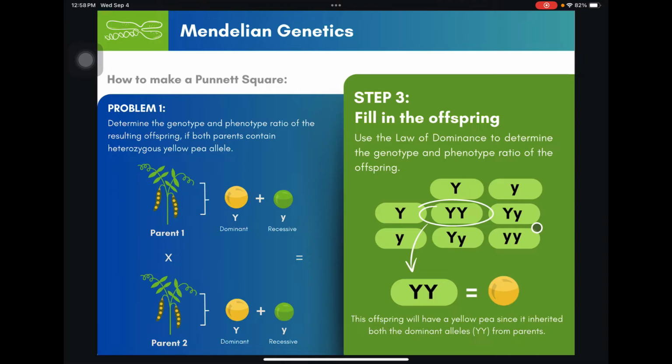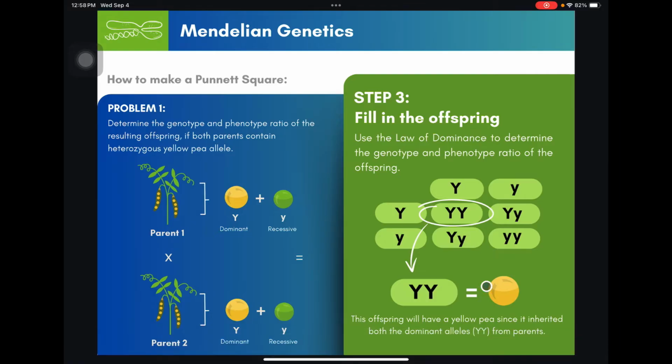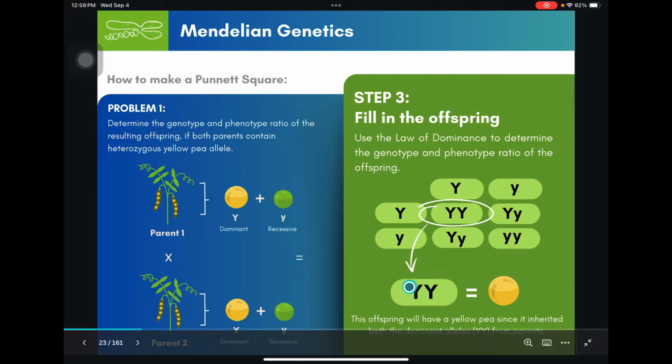For step number 3, it's time for you to fill in the offspring by using the law of dominance. As stated earlier, you have to determine the genotype and phenotype ratio. This particular offspring will have a combination of a homozygous dominant, YY. With that being said, we are expecting that this organism will have the yellow P allele because it contains both of the dominant traits.